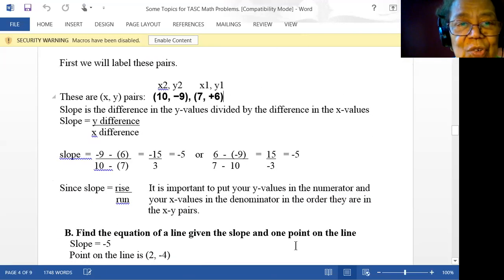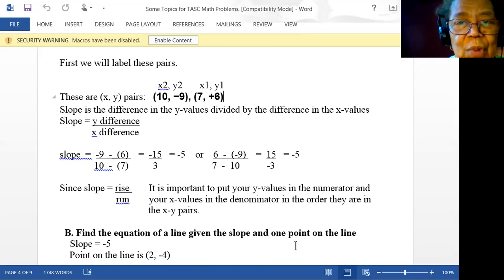So that's how you find slope. And since we know slope is rise over run, the rise, up, are your y values in the numerator, and the run, across, are your x values in the denominator.